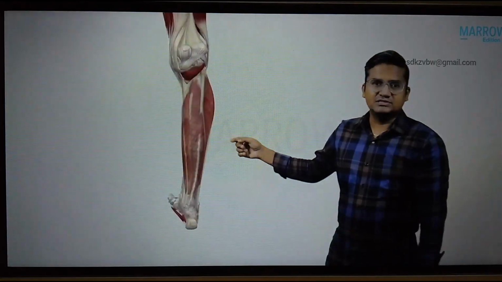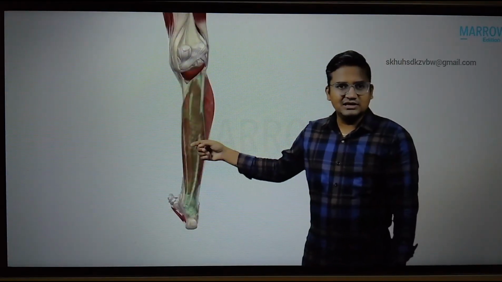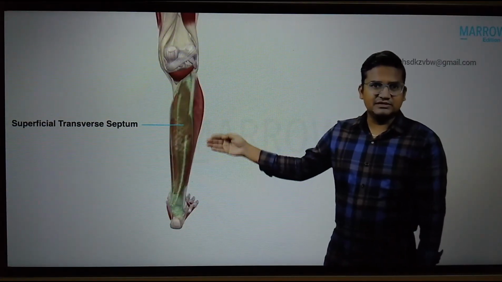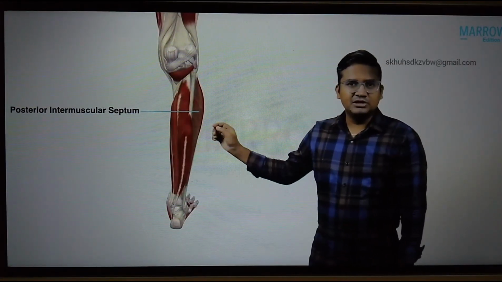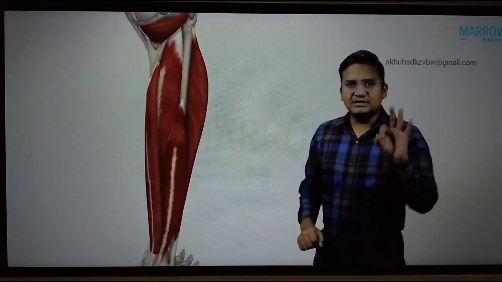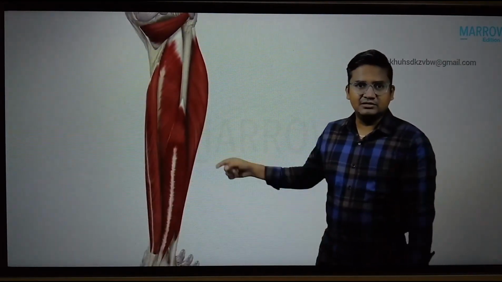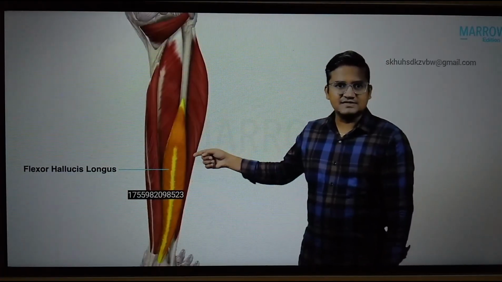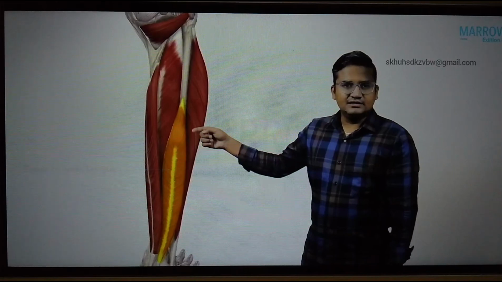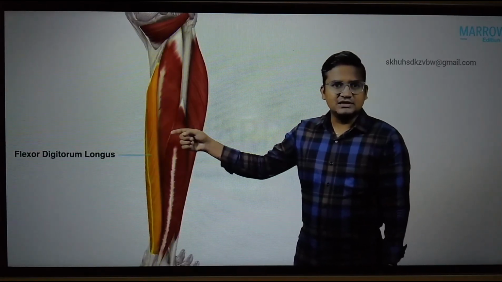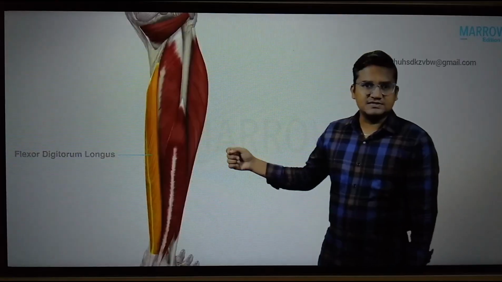Okay, right. So now we removed the soleus muscle and we are seeing the deep muscles. We are seeing one septum. We are removing the septum so that you can see the deep muscles clearly. Now three muscles in the deep layer. The lateral one is our flexor hallucis longus, the next one tibialis posterior, and the next one is our flexor digitorum longus.